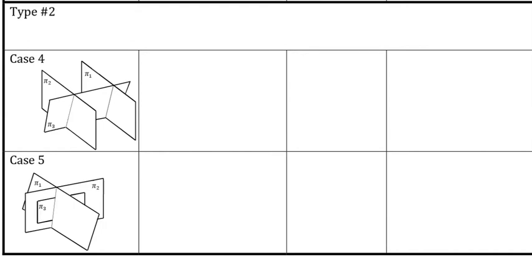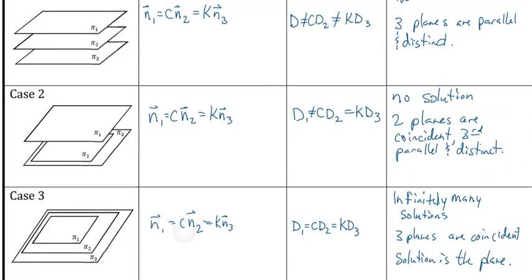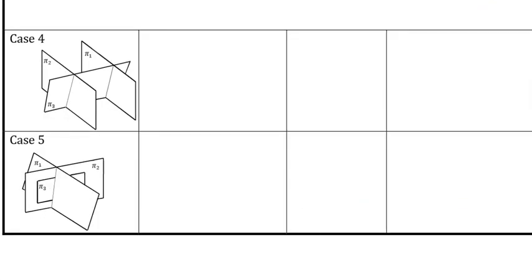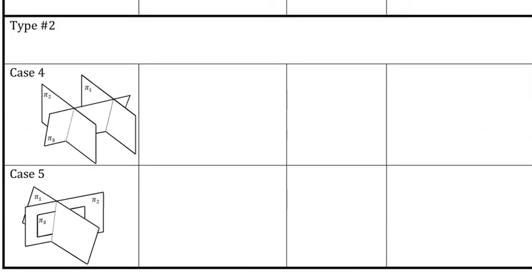All three normals are scalar multiples. In type 2, only two planes are parallel. The third passes through them, and only two normals are collinear. Okay, so two planes parallel, only two normals are collinear.